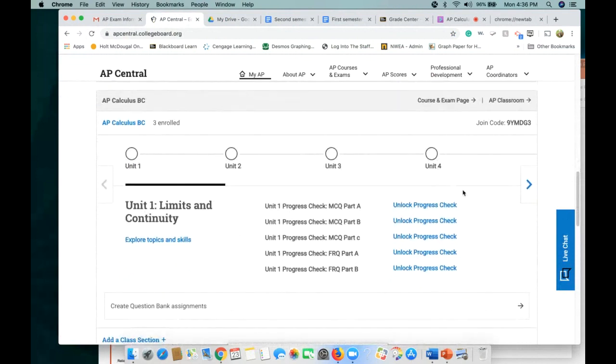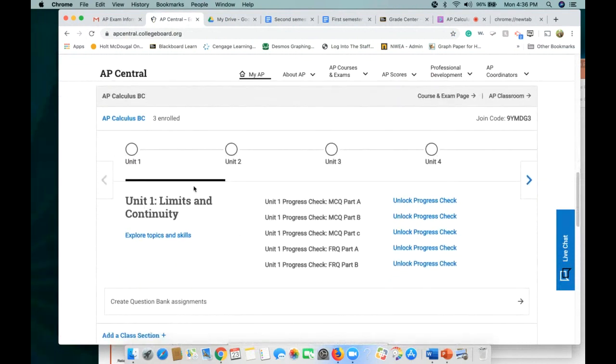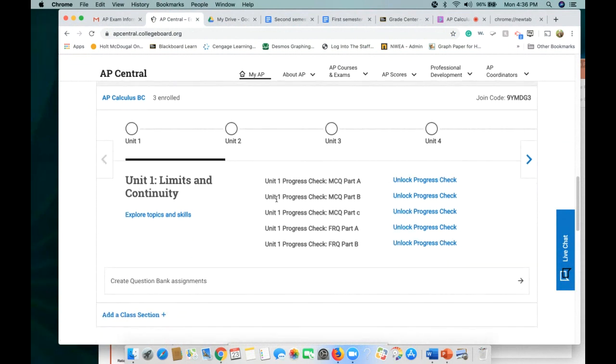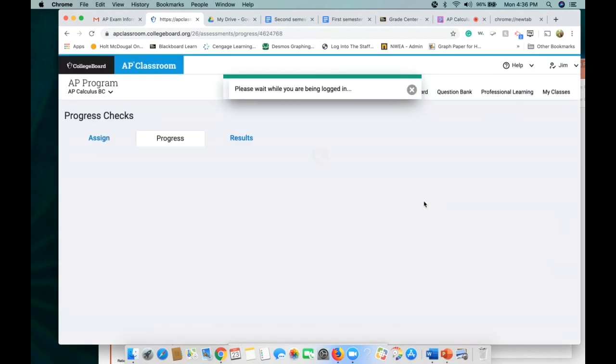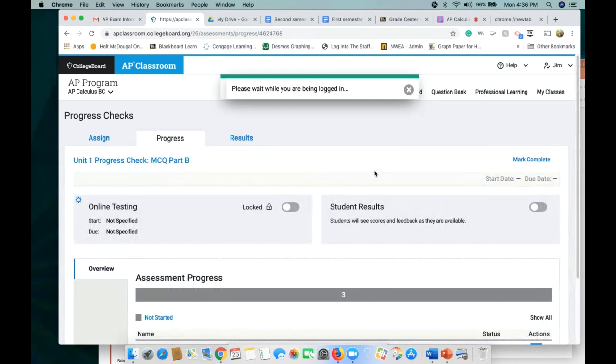Now, what is so cool, I think, so we just finished Unit 1, right? Unit 1 was limits and continuity. You can practice. Now, these problems are pretty tough. I will say that. There's some pretty tough ones in here. So let me go here, unlock. And you can see that it takes a while. Okay, so here's some problems.